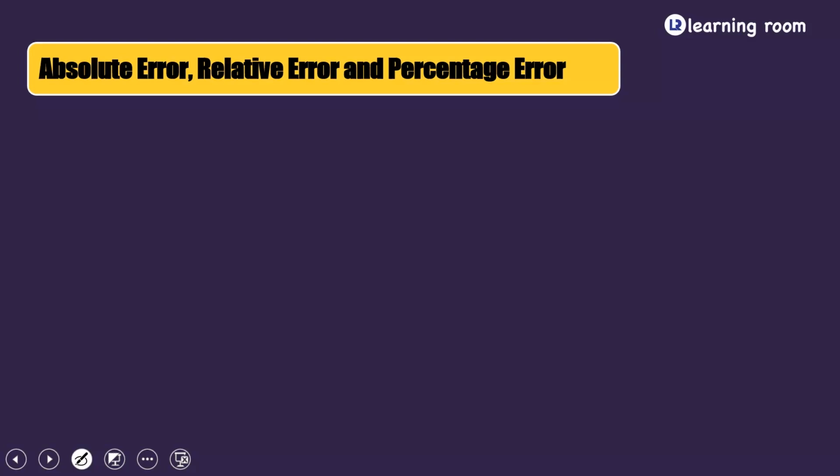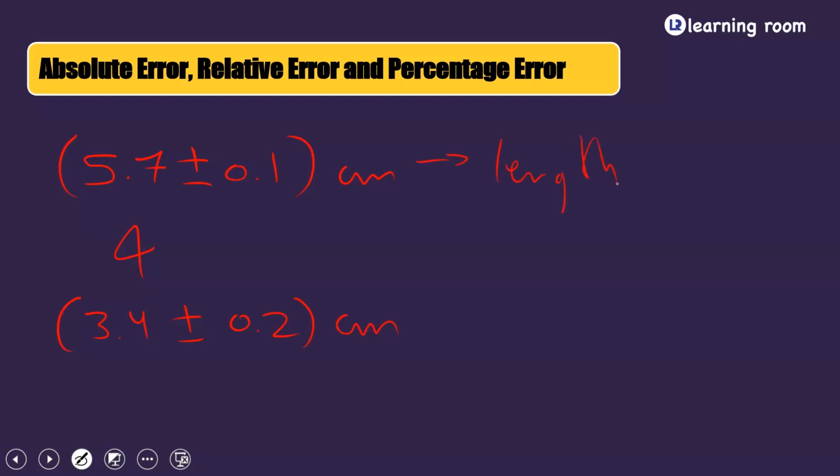So note down the question. The length and breadth of a rectangle are these values, respectively.